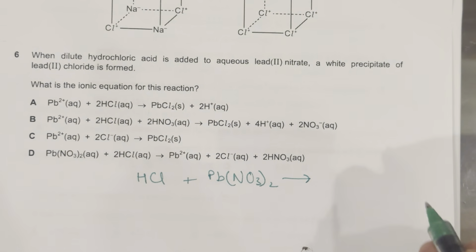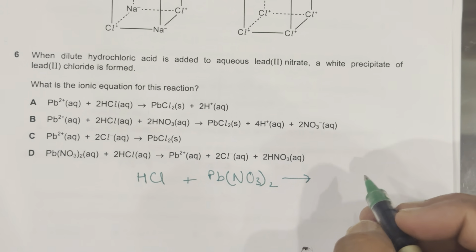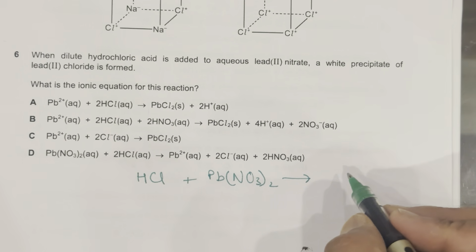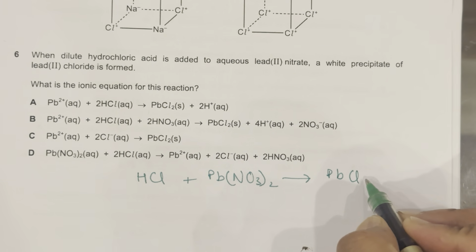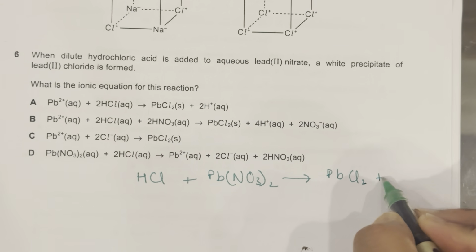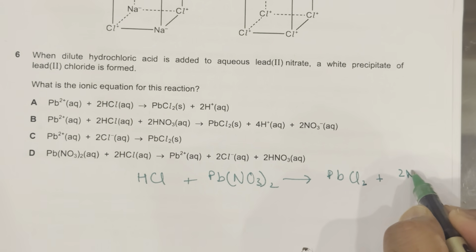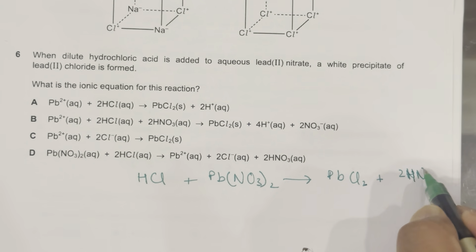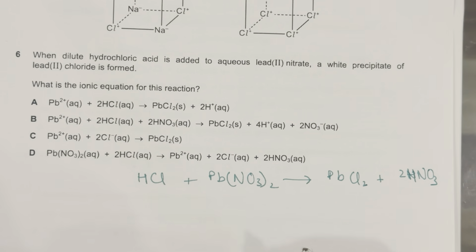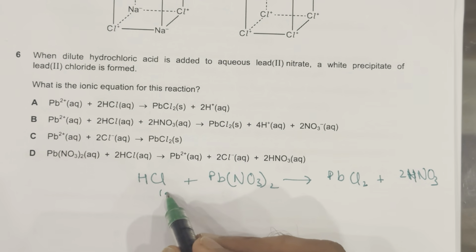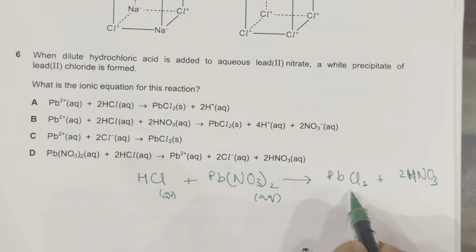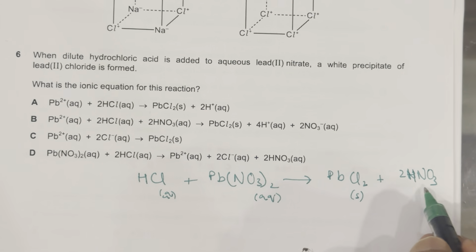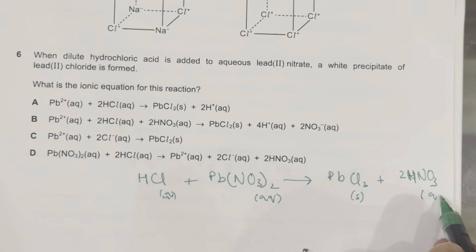They will form a white precipitate of lead chloride, PbCl2, plus 2HNO3. So we need to write the states: aqueous solution, solid salt forming a white precipitate, and again an aqueous solution.